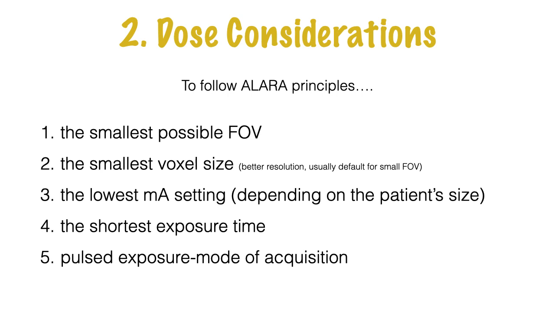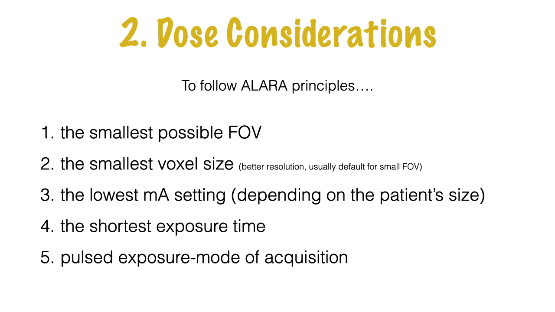The lowest milliampere settings will also depend on the patient size, but most of the machines are pre-programmed already, the same way with the X-ray machine where you select adult or child, and it will expose the patient to lower radiation. The shortest exposure time will expose the patient to less radiation.